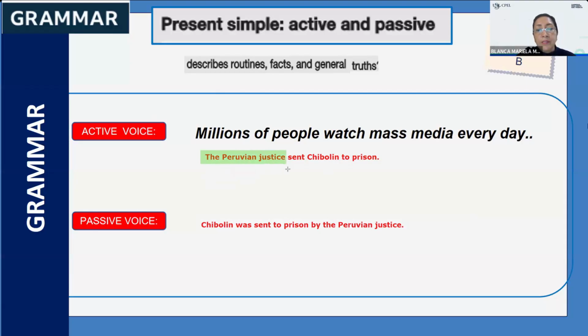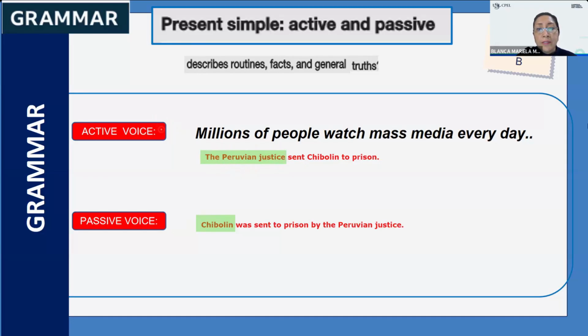The Peruvian justice sent Chibolin to prison. In the second sentence, in passive voice, the emphasis is here. It's different. I repeat, in the active voice, the emphasis is on the performer of the action. Who sent Chibolin to prison? The Peruvian justice.